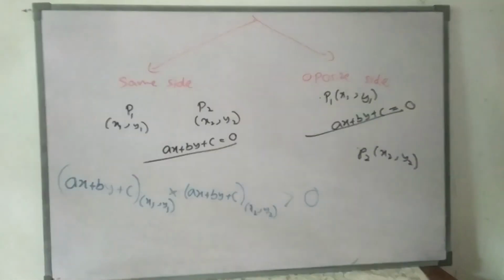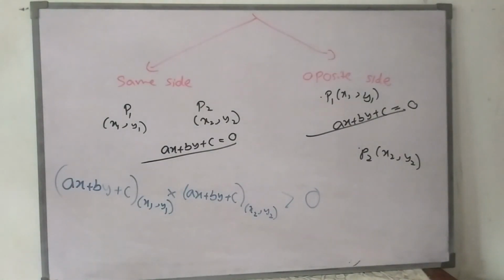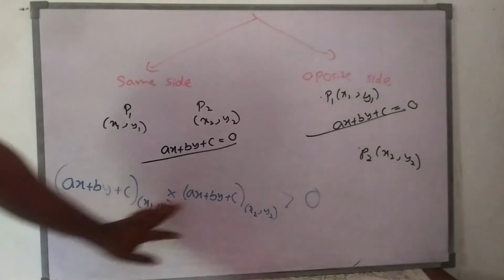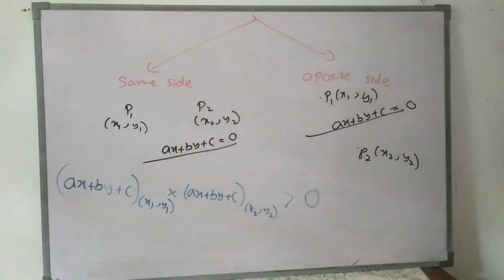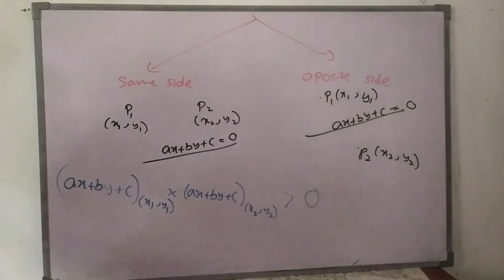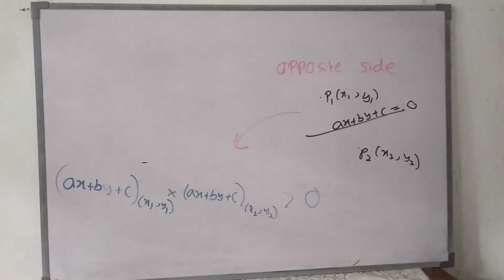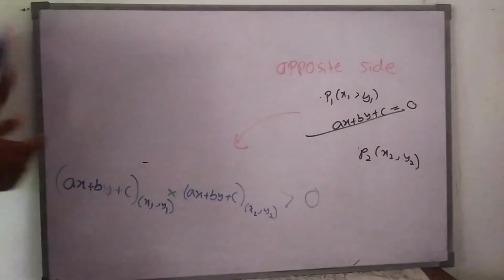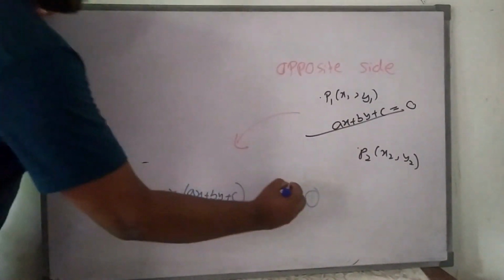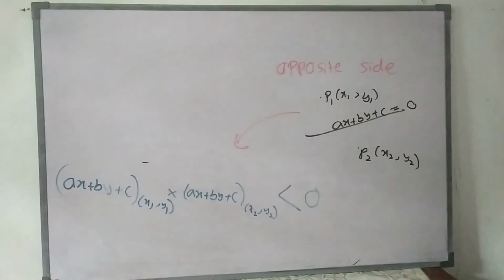Right, so this is the first condition to be satisfied. Same if it is on the same side, so the product of the values, right? If you substitute the coordinates, the value should be greater than 0. If it is in the opposite direction, the value should be less than 0.